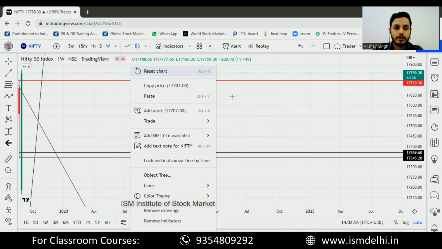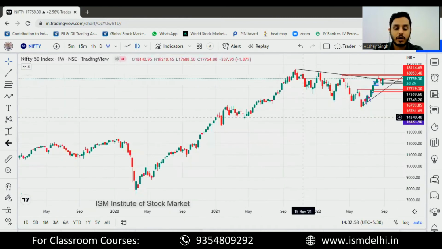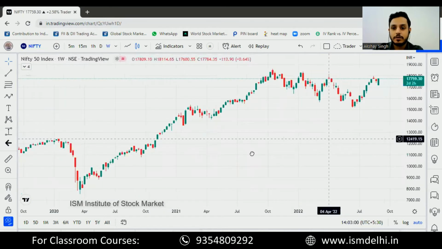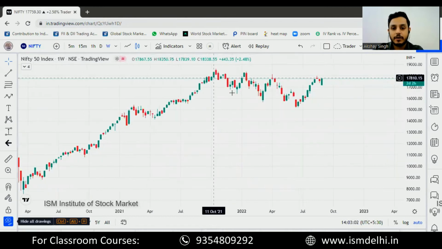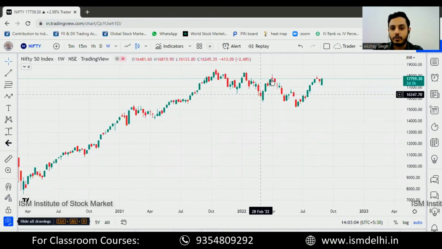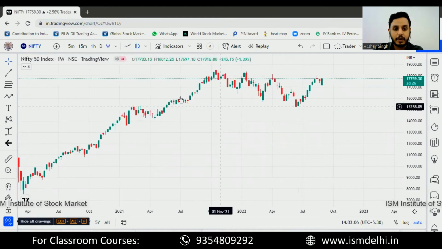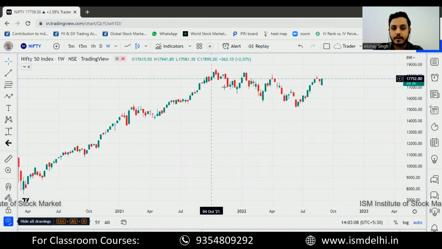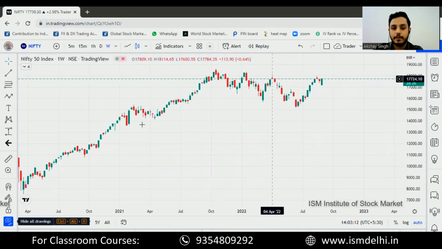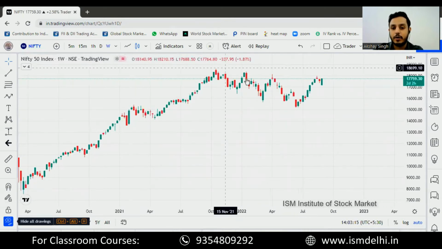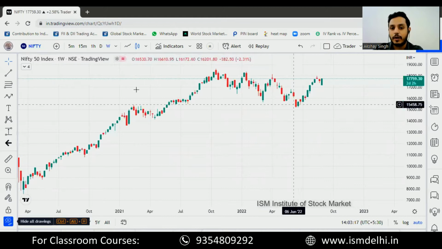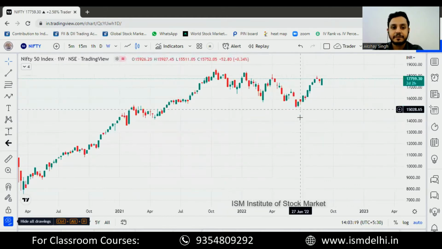Nifty was forming higher highs and higher lows, a good uptrend, and then lower highs, lower lows. Higher highs and higher lows here, and lower highs, lower lows here. So it was retracing.